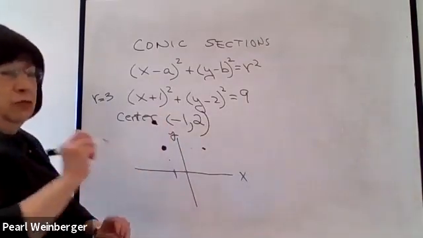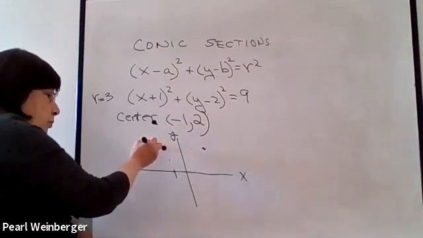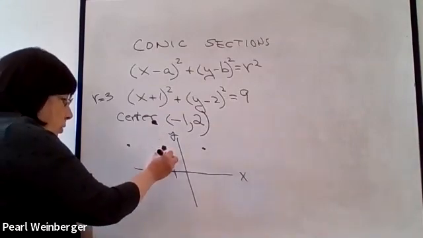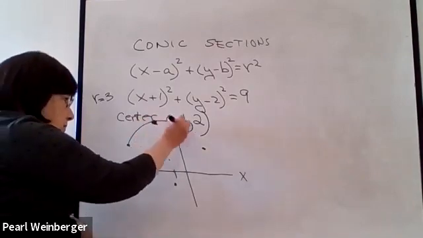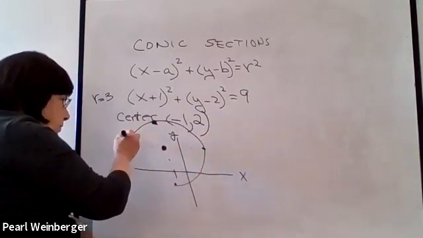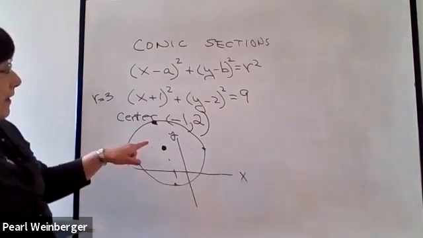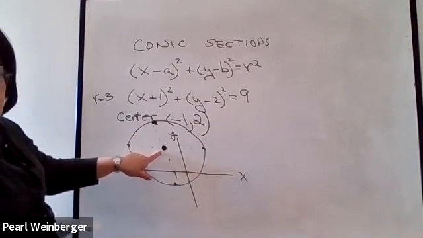Again, if you have graph paper, you'll see it much clearer. To the left, 1, 2, 3. Down, 1, 2, 3. And I connect these 4 points with a circle. Here's my circle, again, with the center at the point (-1, 2).